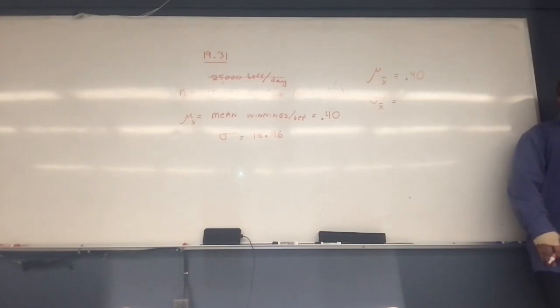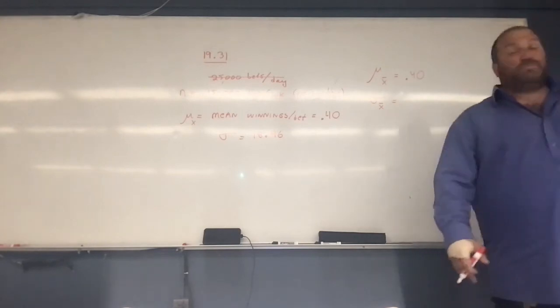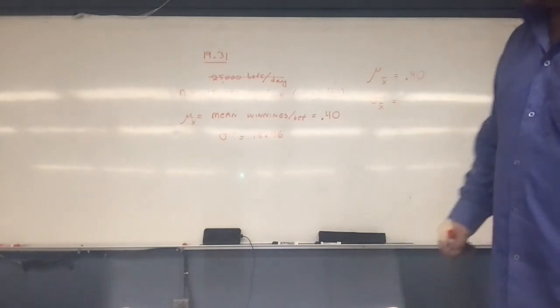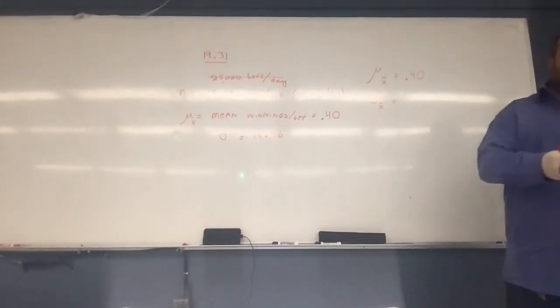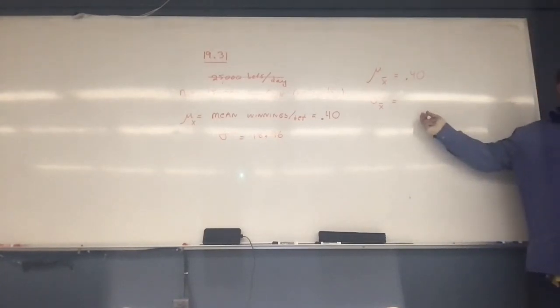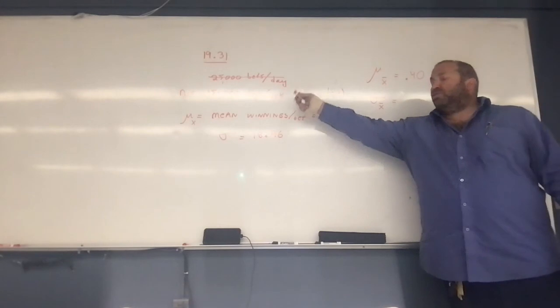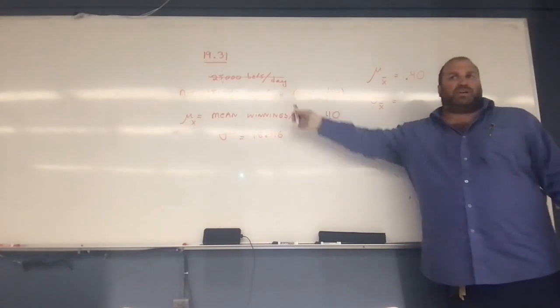Would it be 0.4 over 18? No. What's the formula for sigma of X bar? It's sigma over the square root of the sample size.